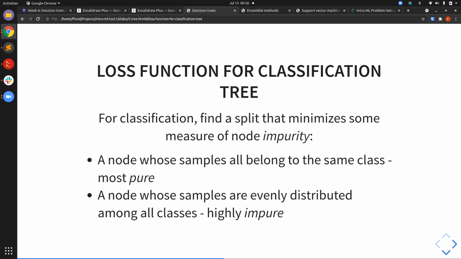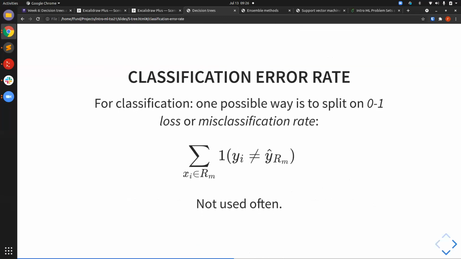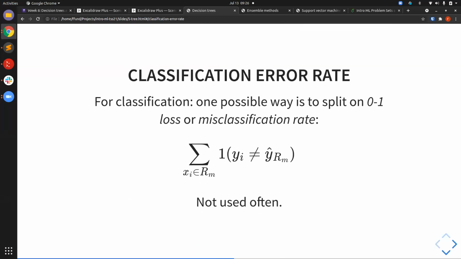And we're looking to split in order to produce the most pure nodes possible. How do we do that? Well, one possible way, as we said, is misclassification rate, but we don't use it very often. There are 2 other metrics of purity, or impurity, as you will, that often have better results.